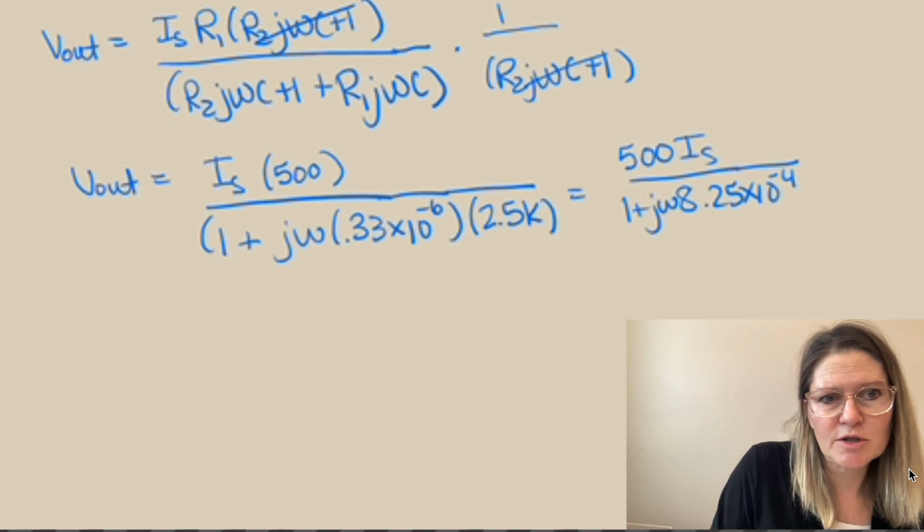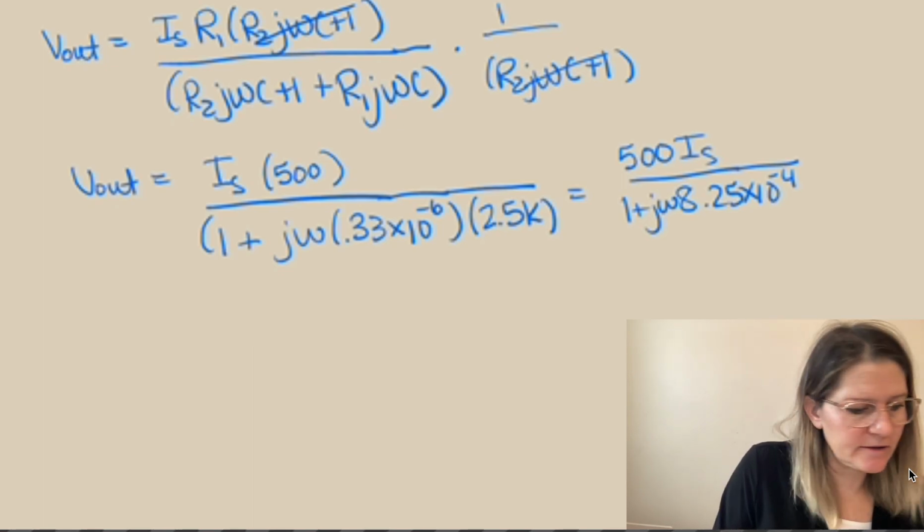So that is our equation for V out. And now we need to put Is in there.